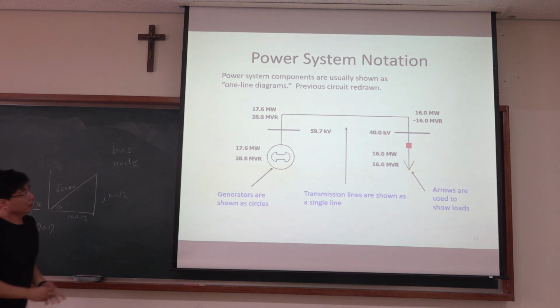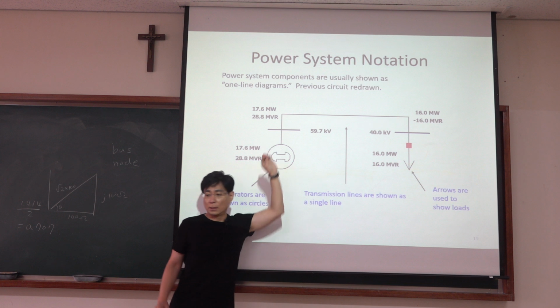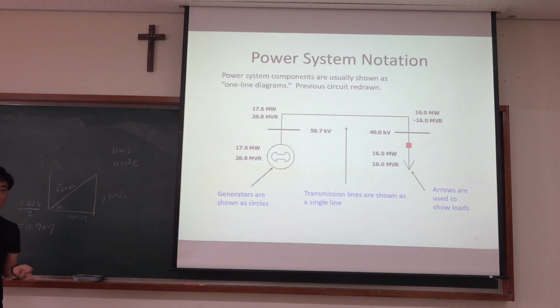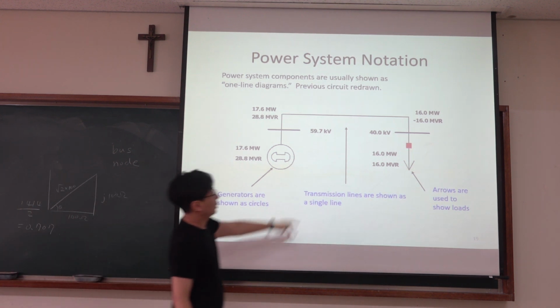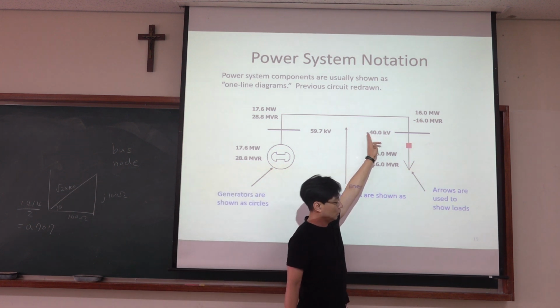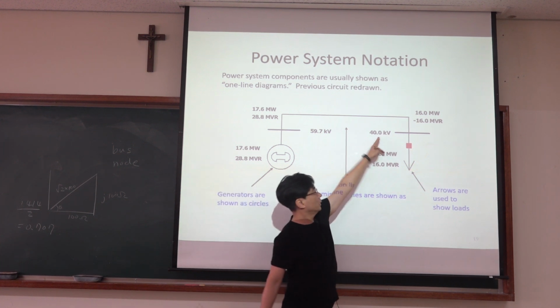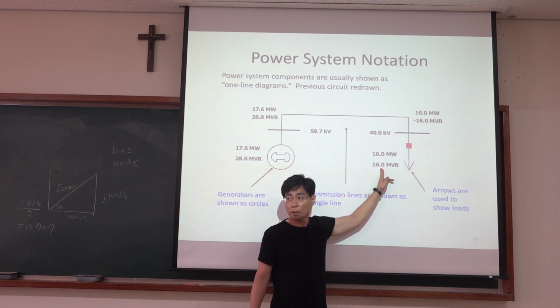That means anything that is connected to a common bus is assumed to be connected with zero resistance, ideally. And at the load side, we want to keep this load voltage at 40 kilovolt, with the active power consumption and reactive power consumption.